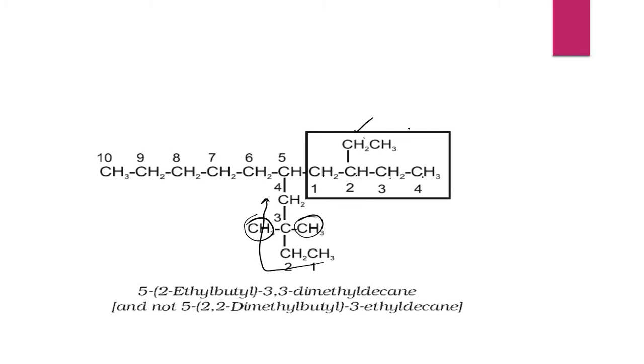Now, whenever you have a complex alkyl group to name, generally what we do is put it in brackets and name it just like a normal alkane, putting "-yl" at the end. For example, at 5 position, we have this side chain. How will I name it? I'll take this as a normal compound. I'll start numbering from here, 1, 2, 3, 4.